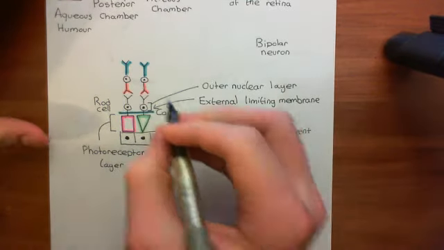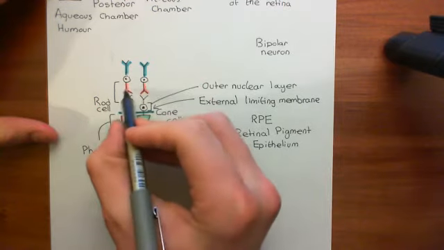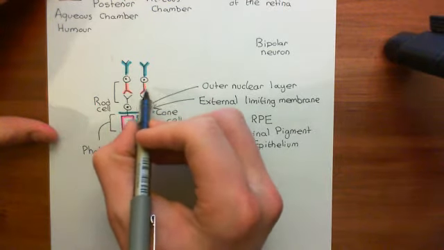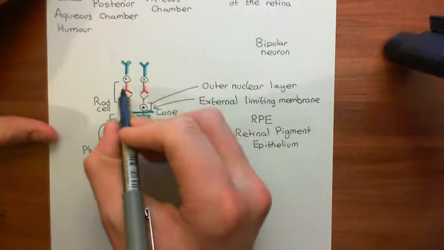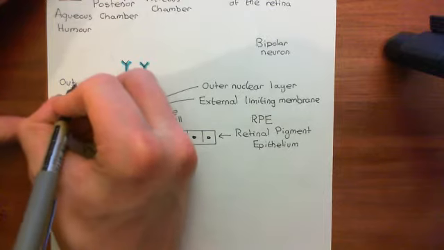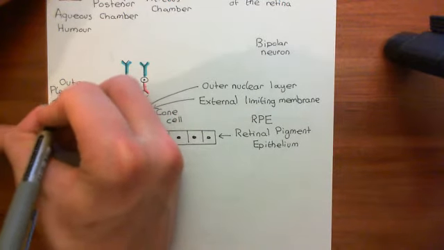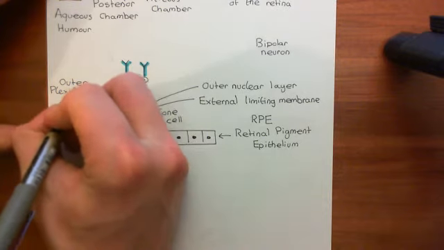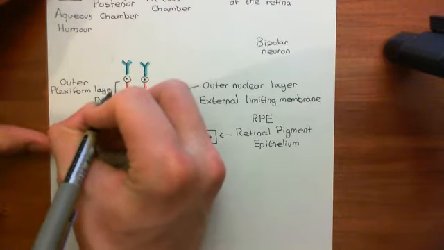Okay, right. Now, this layer then of the retina, which consists of axons of both the photoreceptive cells and also of these bipolar neurons, this is known as the outer plexiform layer. Okay, again, it's the outer plexiform layer, and there's going to be an inner plexiform layer because we are working from the outside towards the inside.